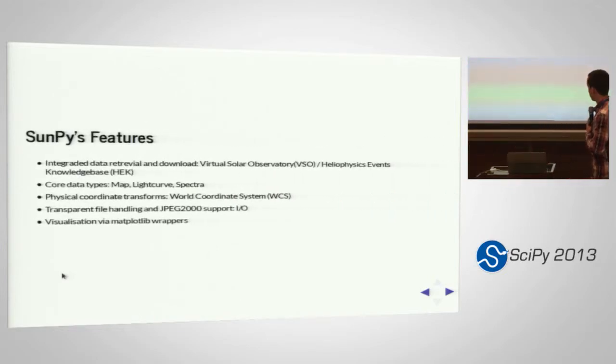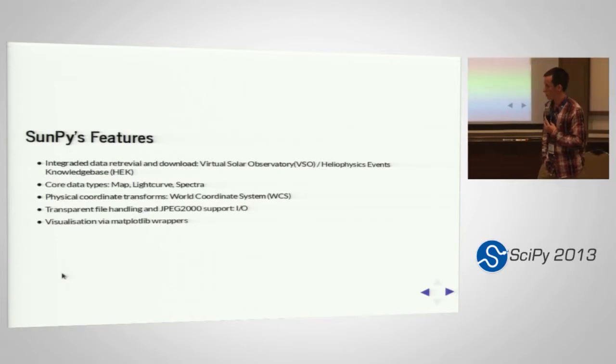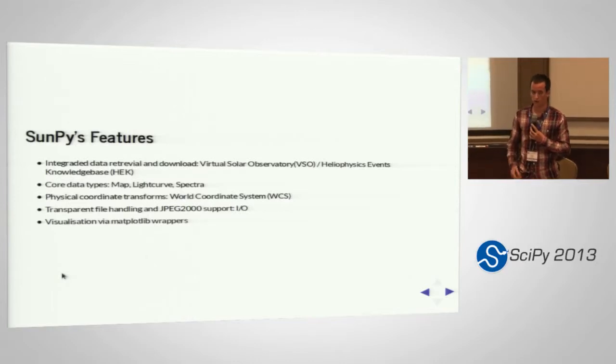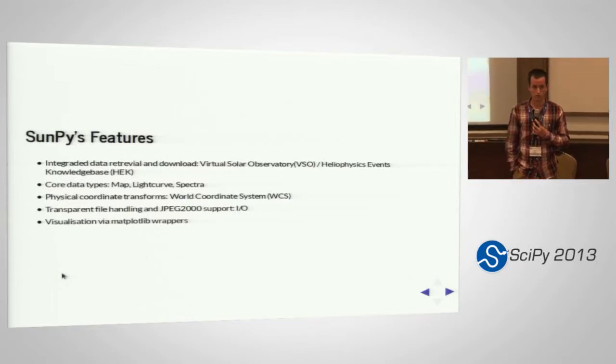So the main core features in SunPy at the moment are the Virtual Solar Observatory, which is a Python API to their web service, a service that allows you to download data off of lots of different servers, attributed to instruments.